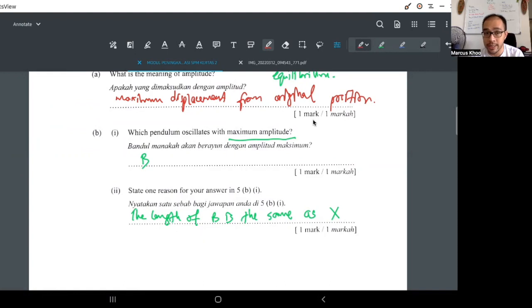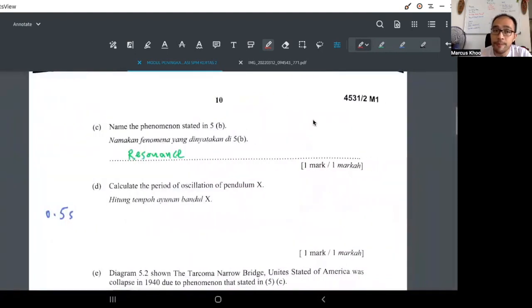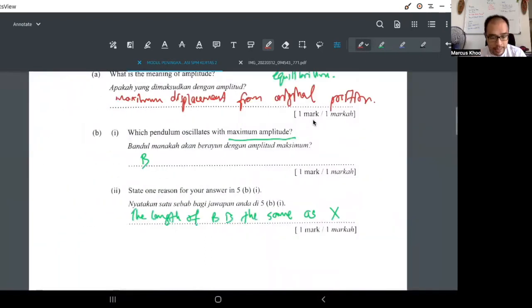For example, in the exam, if there's only B1, which pendulum oscillates with the maximum amplitude, and then B2, state one reason, but it doesn't ask you for the phenomenon, then you can write the resonance answer there.